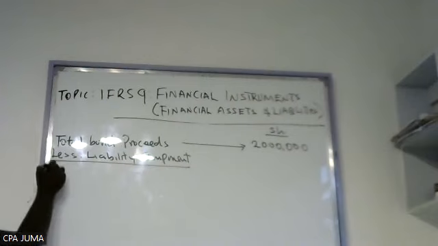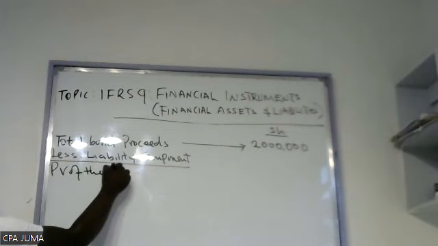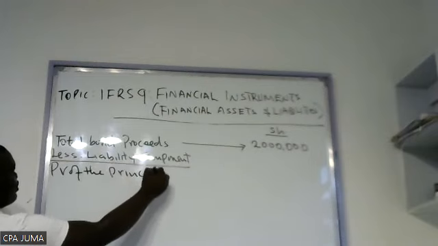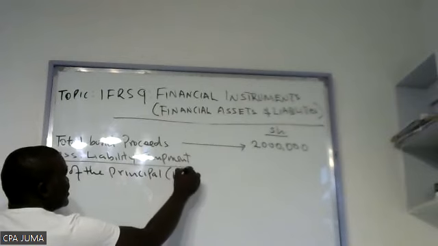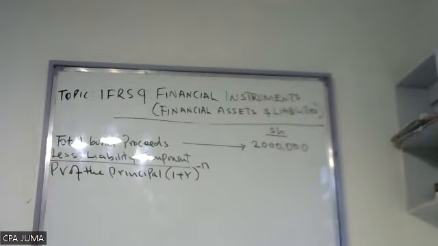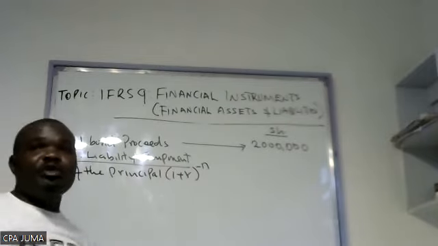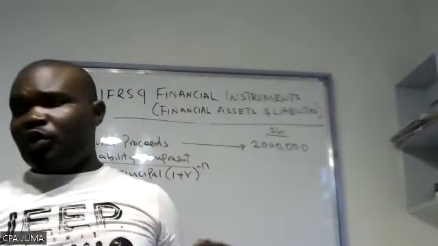For the liability component, you start with the present value of the principal. The present value of the principal will be 1 plus r raised to the power negative n, because the principal will be paid as a lump sum at the end of the period.